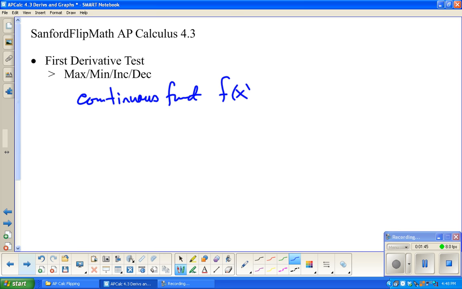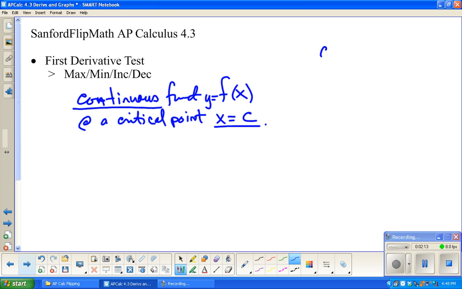All of these rules we're about to state apply only if it is a continuous function, and we're going to focus on that continuous function at a critical point. That critical point has an x value that we're going to call c.